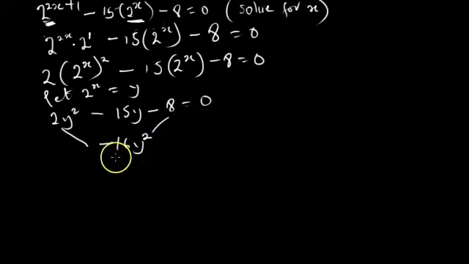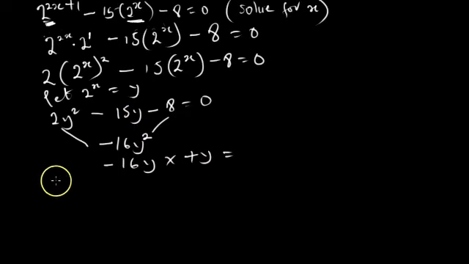Now, the question is this: what are the factors of minus 16 that when I multiply them together, it will add up to minus 15y? The first that's coming to my mind, you have 16 and you have 1. 1 times 16 is 16, but minus 16y times plus y will give me minus 16y squared, and when you sum it up, it will give me minus 15y.